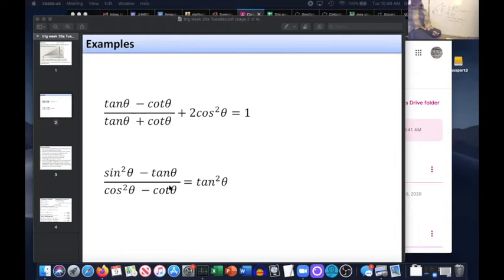This one was a little interesting, and if I remember correctly, did I do that on this side? I don't do that. Oh yeah, okay. So I'm going to change the tangents into sine over cosine, and the cotangents into cosine over sine.